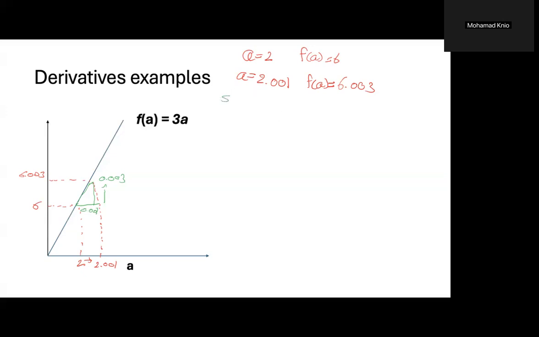So the slope or derivative of f of a at a equals 2 is 3.